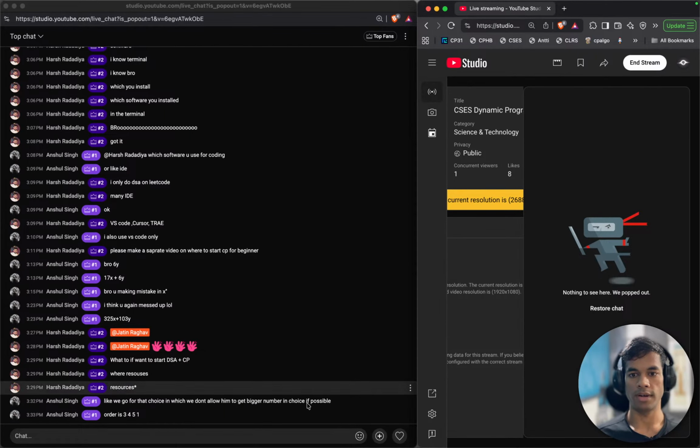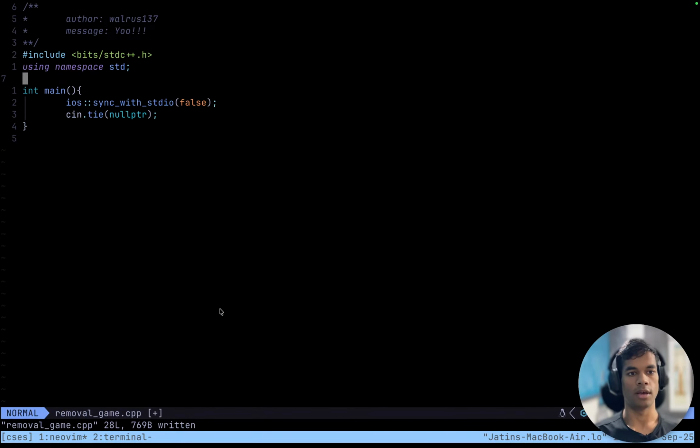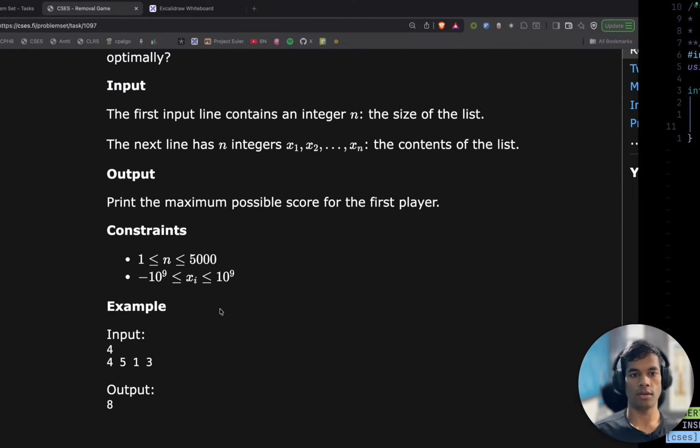And now what we can do before submitting and testing, if this is correct, is of course rewrite the whole solution. And what are we getting?